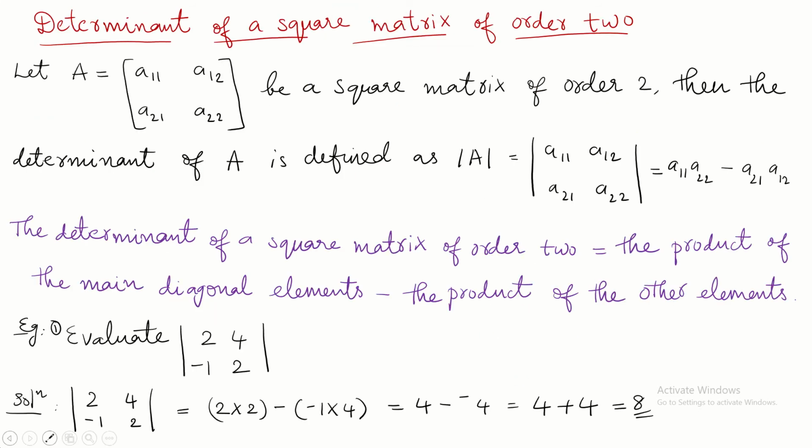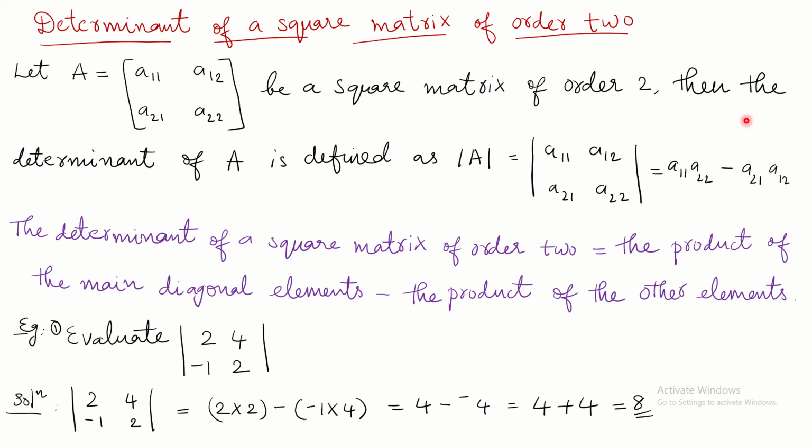That was about a 1 by 1 matrix, or order 1 matrix. Now you have to know how to find the determinant value of a 2 by 2 matrix, or order 2. For that, let A be the matrix with rows A11, A12 and A21, A22, 2 rows, 2 columns, a square matrix of order 2.